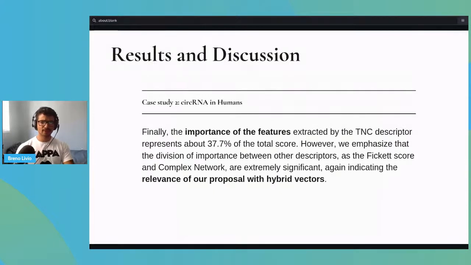Finally, the importance of the features tracked by the TNC descriptor represents about 37.7% of the total score. However, we emphasize that the division of importance between other descriptors such as the Fickett score and complex networks is extremely significant, again indicating the relevance of our proposal with hybrid feature vectors.